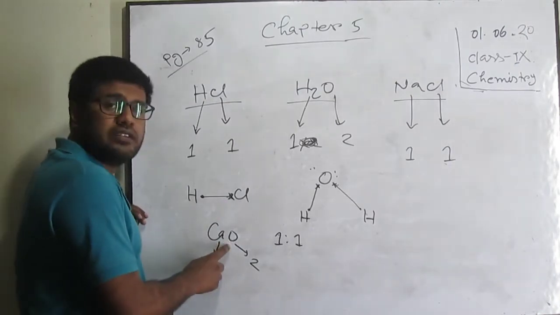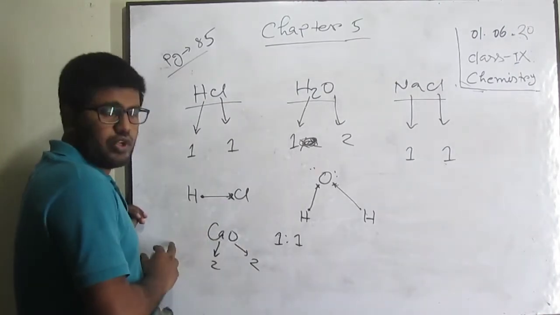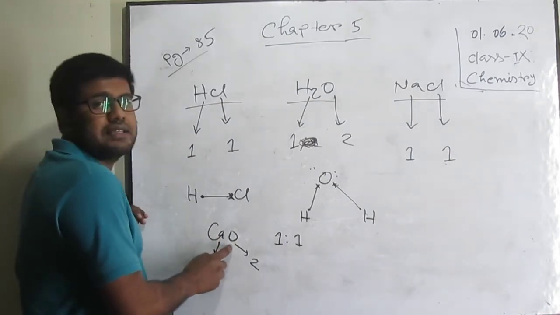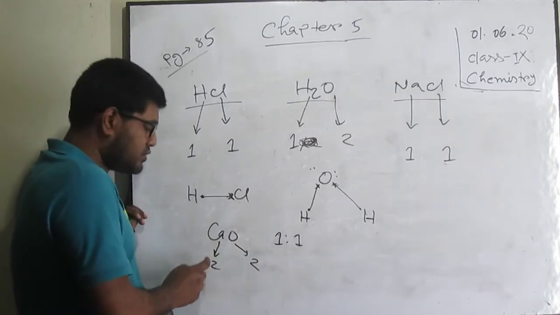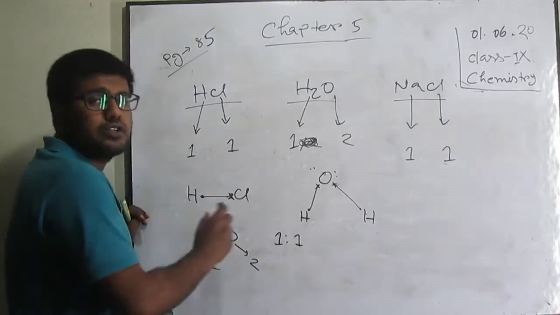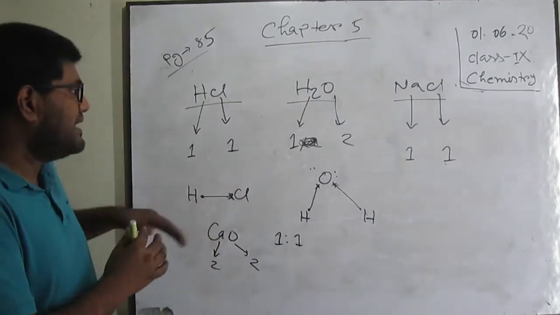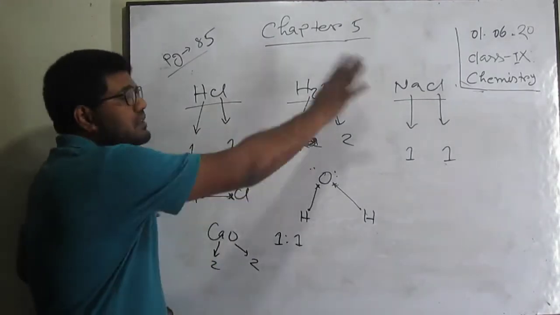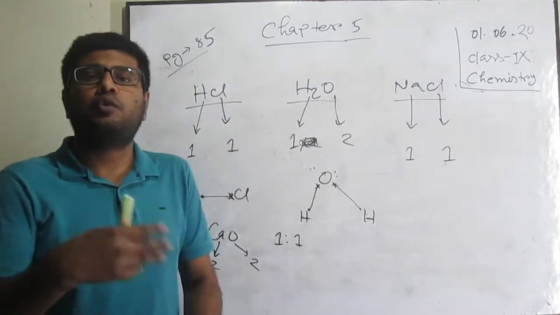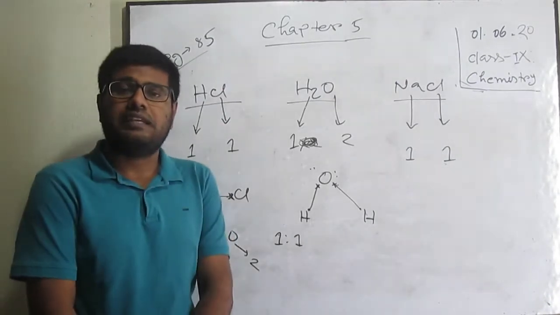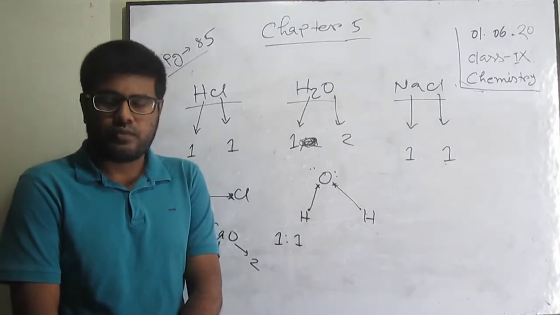So this oxygen tries to accept 2 electrons. 2 electrons are donated by calcium and 2 electrons are accepted by oxygen. That's why its valency is 2 and 2 here. So this compound is a little different from the previous compounds. Sometimes we have to multiply by 2. Calcium oxide is that type of compound.